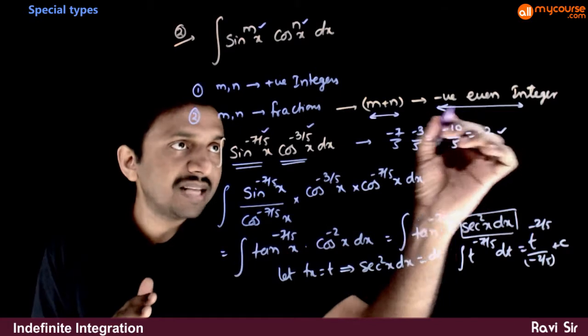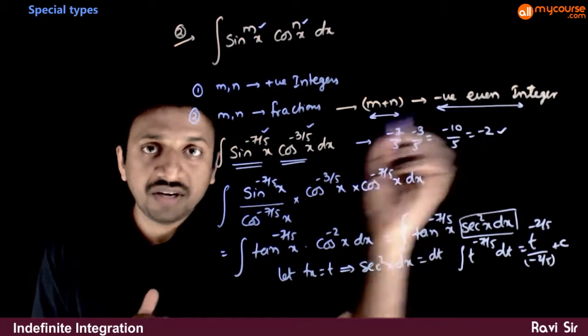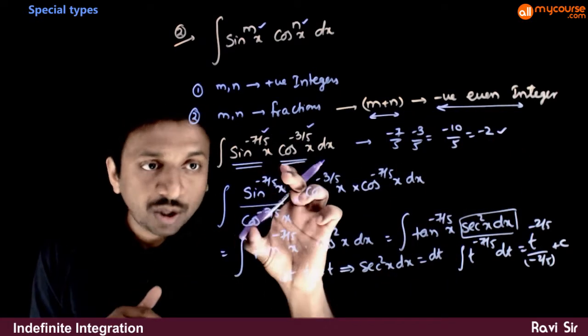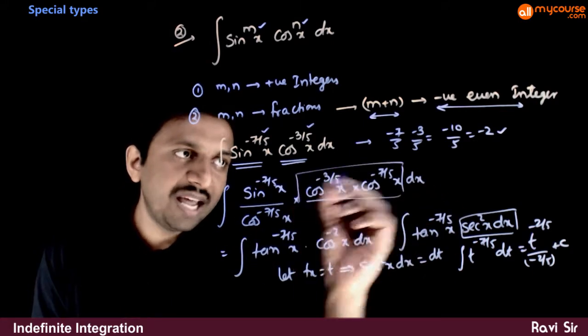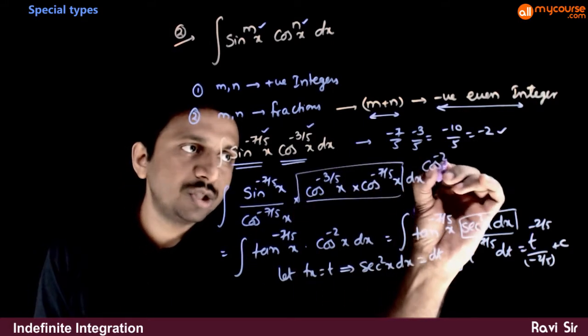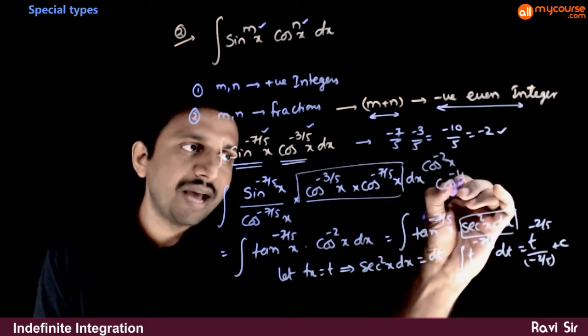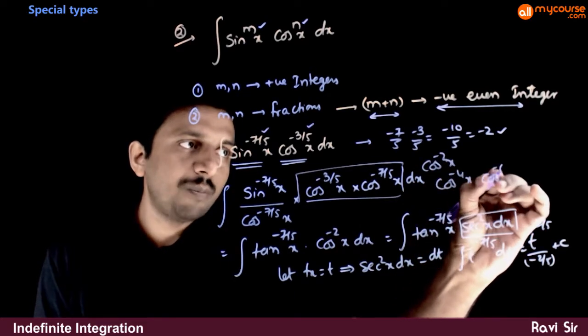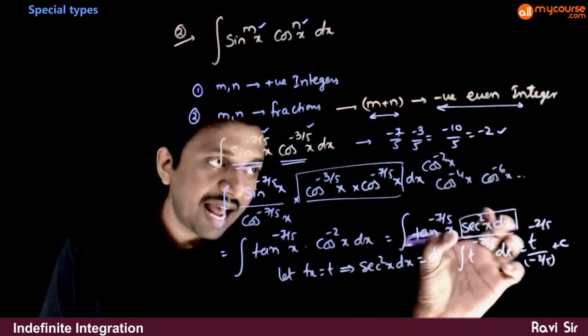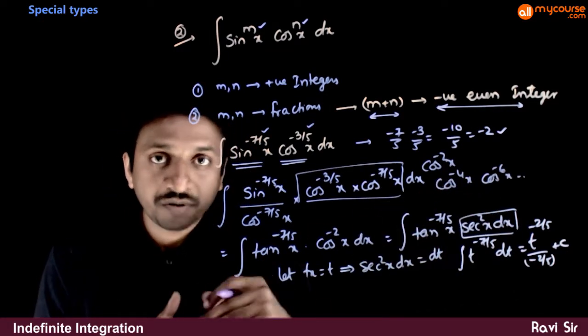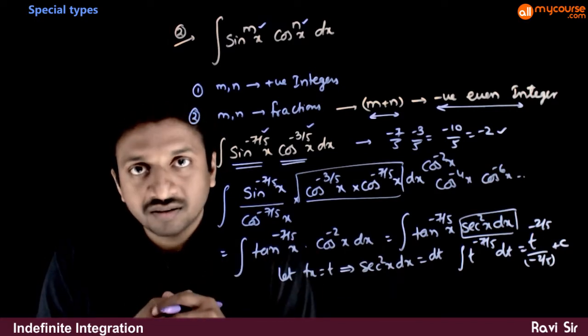So if m plus n is equal to a negative even integer, once you do this process, you will be left with either cos power minus 2x or cos power minus 4x or cos power minus 6x. That is, you will get either secant square or secant power 4 or secant power 6.